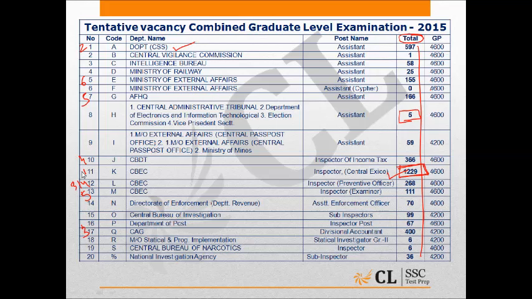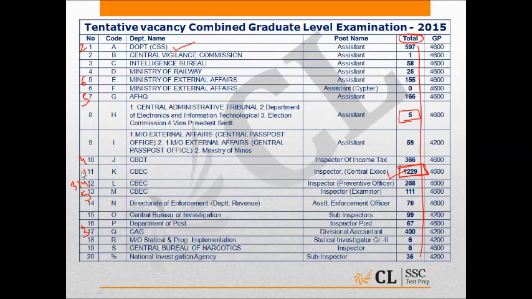So now my logic is, in 2016 I do not know what the number of vacancies in these various posts will be. So I will assume that the posts which had a higher number of vacancies in 2015 are going to have higher vacancies in 2016 as well. So on the basis of 2015 I can fill my preference for 2016.